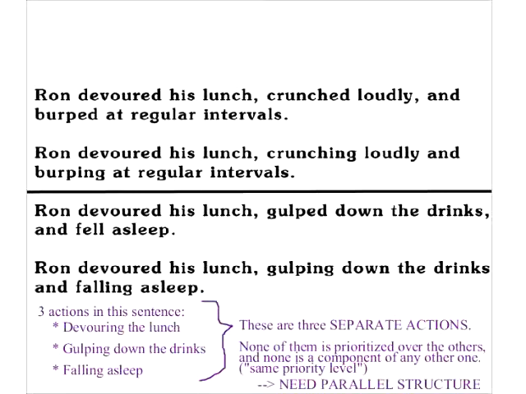And the third sentence, which is the first in this group, has a parallel structure. And the fourth sentence, which is the second out of this group, doesn't have one. So devoured, comma, gulped, comma, and fell asleep. So this is a correct parallel structure.